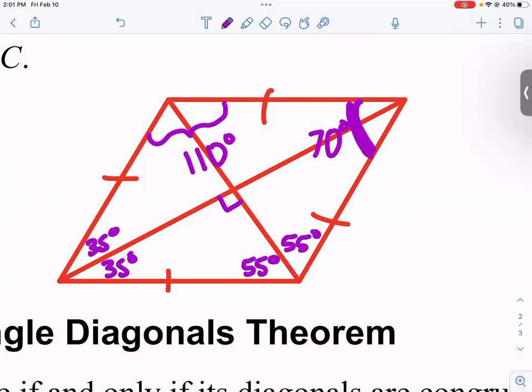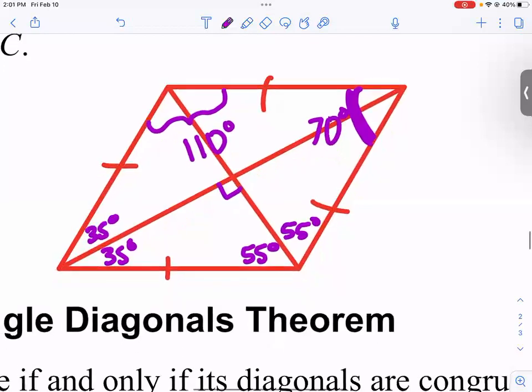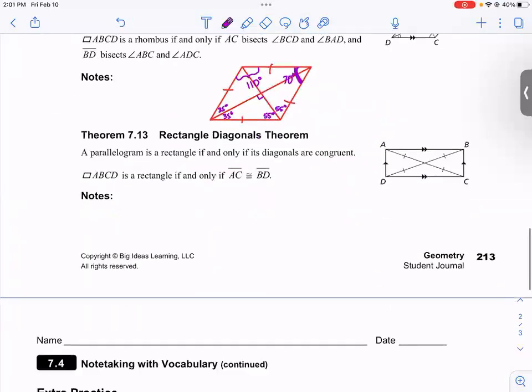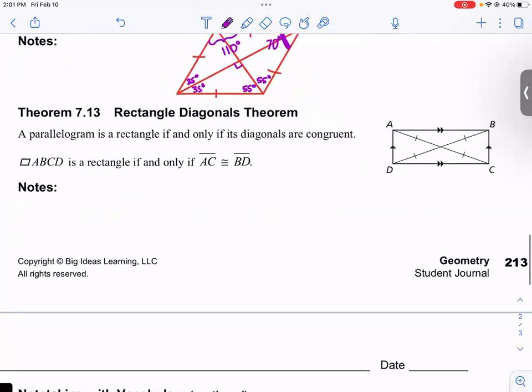It has to be, yes. Are they all right angles? Yes. In a rhombus, this is always going to be 90 degrees, because this is perpendicular. That's what perpendicular means.